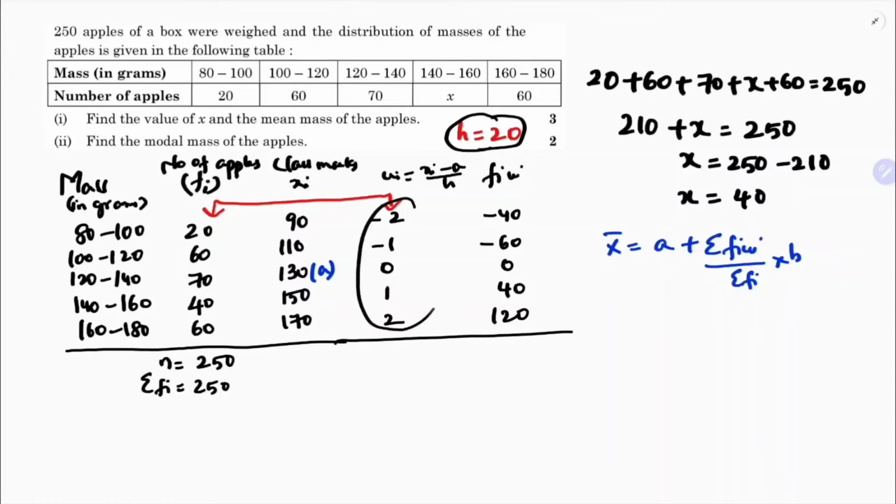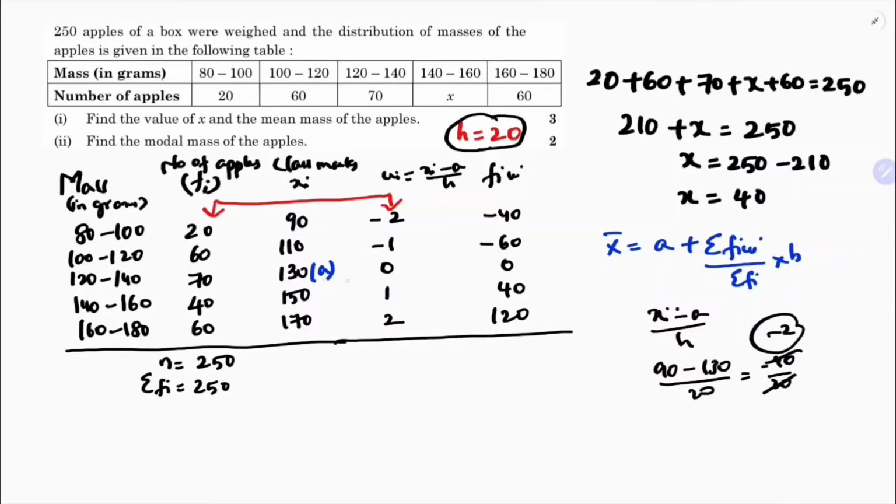Once again I'll explain how I got these Ui values. Ui is nothing but Xi minus A by H. Suppose you take the first value Xi, 90. 90 minus the assumed value 130, by 20, so minus 40 by 20 which is minus 2.